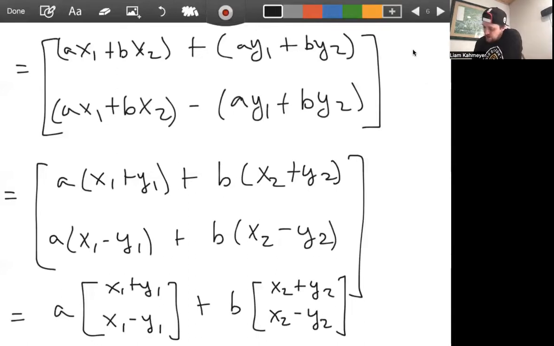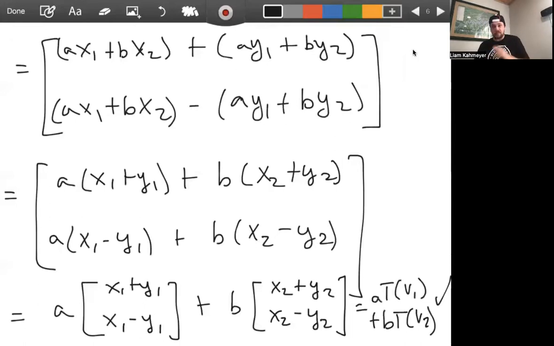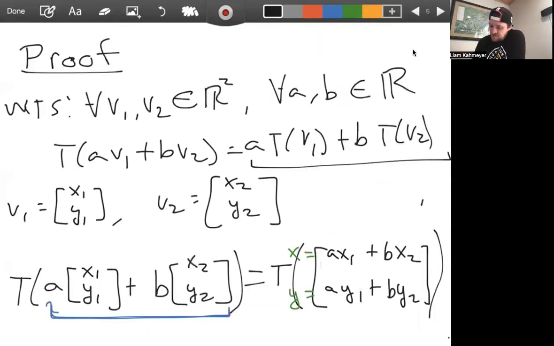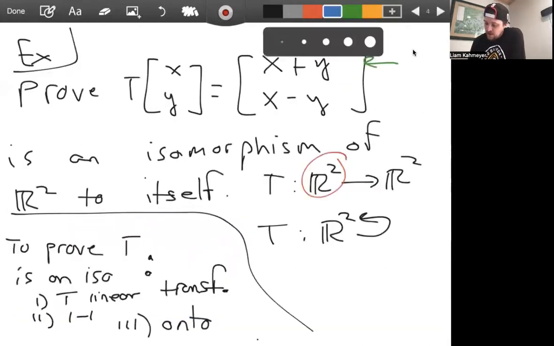And this is exactly a T of v1 plus b T of v2. That shows the linearity property. So we have that this is a linear transformation, where v1 was (x1, y1) and v2 was (x2, y2). So we've shown that T is a linear transformation.